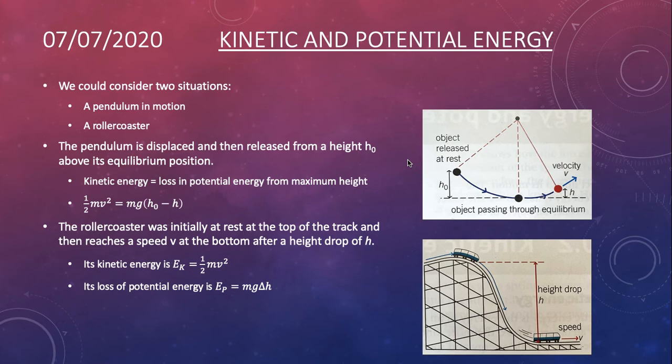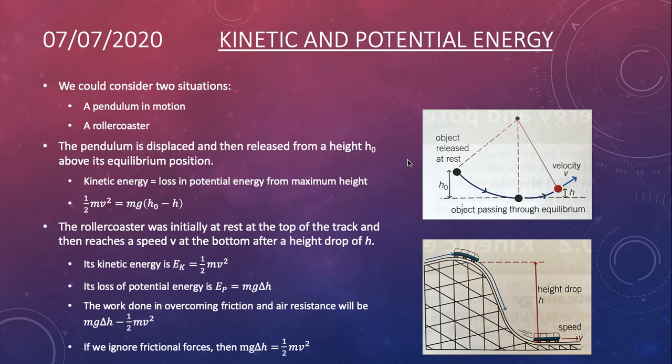If those two things were equal, we would say that all of that potential energy has changed into kinetic energy. But what if it didn't? What if there were work being done overcoming friction and air resistance? Well, then we'd find the difference. What was the difference between what it had at the top and what it has at the bottom? That's going to be the amount of energy that's been used to overcome friction and air resistance. If we ignored it, they would be equal.